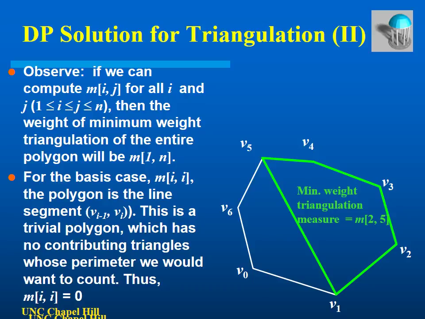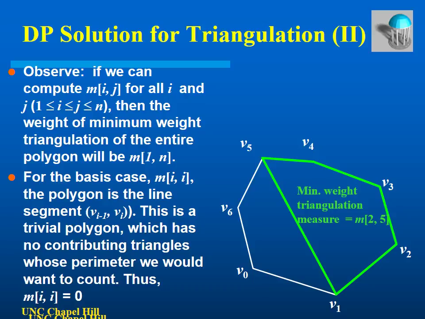If we could do that, then we could use our small to large organization to ultimately be able to compute m sub 1 comma n, that is to say, the weight of the minimum weight triangulation, and that would yield the associated t of 1 comma n, which is the full triangulation of the polygon.